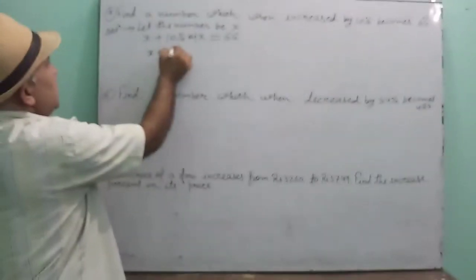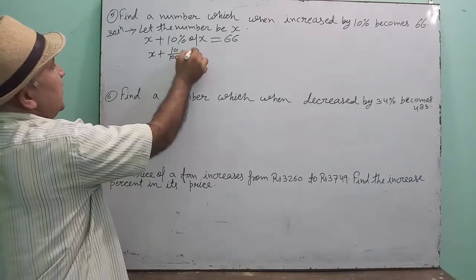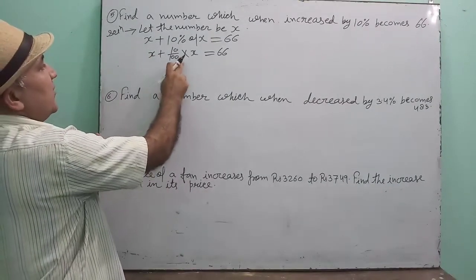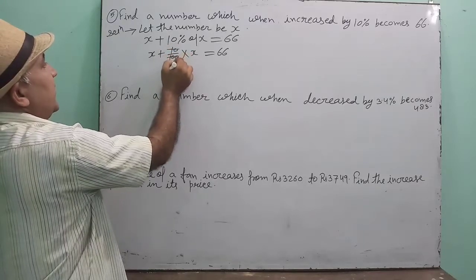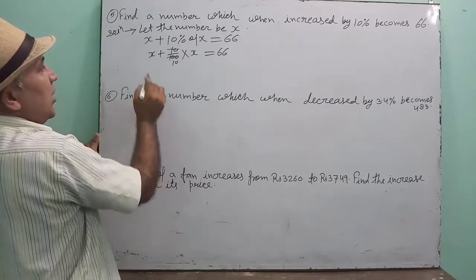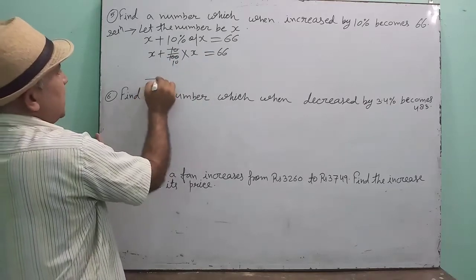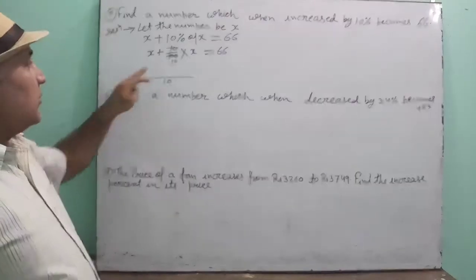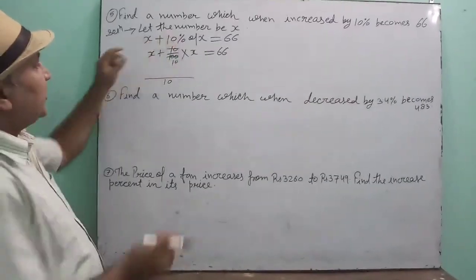x plus 10% means 10 upon 100 of, multiply into x, is equal to 66. x plus 10 upon 100 into x equals 66. You can see 10 dividing 100 by 10 times. x plus x upon 10 is equal to 66. Now to solve it you have to take the LCM, because this is addition of a fraction.